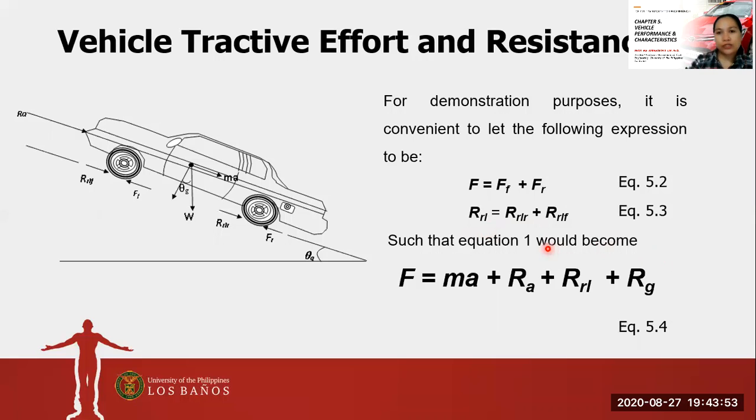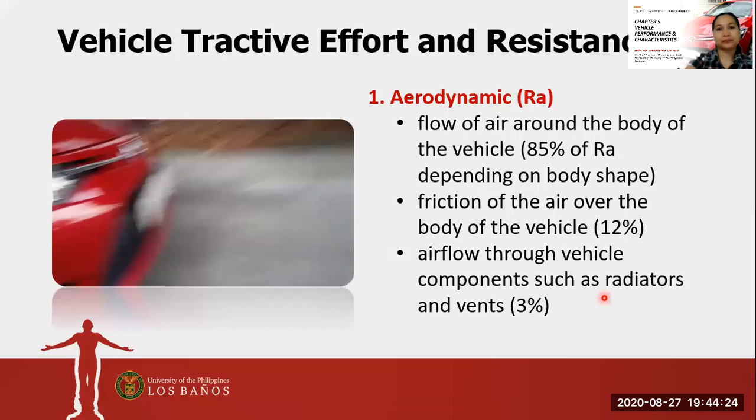Therefore, equation 5.1 from the previous slides becomes F is equal to MA plus RA plus RRL plus RG. So the total forces acting on the road should be equal to the resisting forces. This F here is related to the force, the vehicle tractive effort, and then these are the resistance forces.